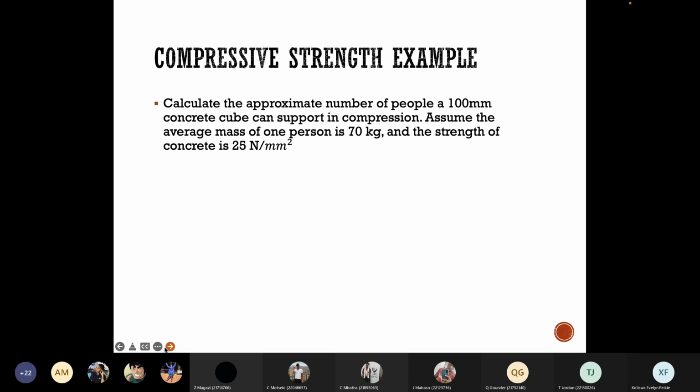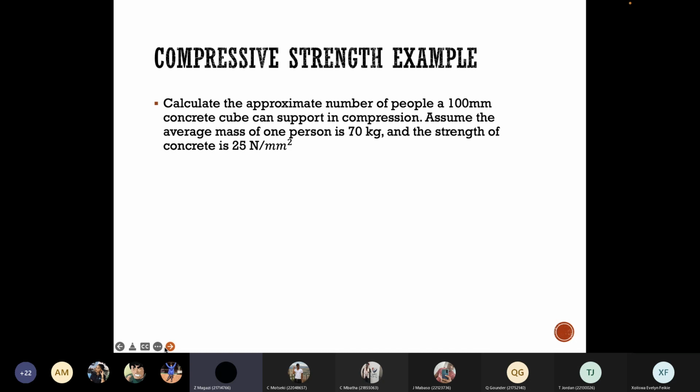Yes, ma'am. I think you would use the compressive strength, which is given as 25 newtons per meter squared, and apply it to the formula. Compressive strength is equal to F over area, and you get the force, and you convert the force to kilograms, and then you divide by the 70, and then you will get a number.